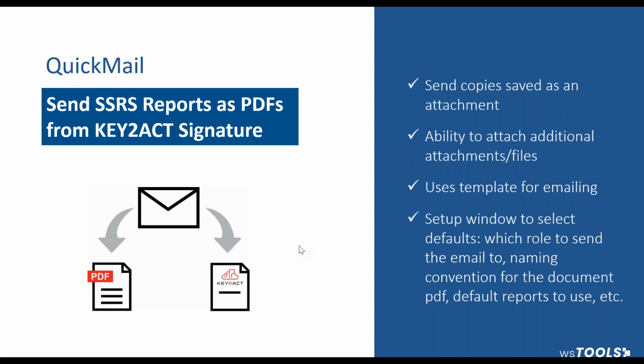You have the capability to say these are the windows that will support QuickMail for sending out invoices, as well as the naming convention of what you want your invoices called when they go to the WS Docs table, as well as to your customer. You'll determine that naming convention.